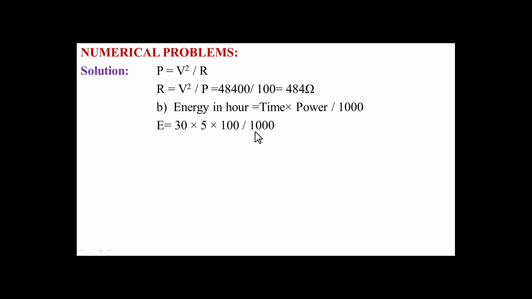Then we can multiply 5 by 3. So the answer of energy E is equal to 15 kilowatt hour. Now the result of the question: resistance R is 484 ohm and energy E is equal to 15 kilowatt hour.